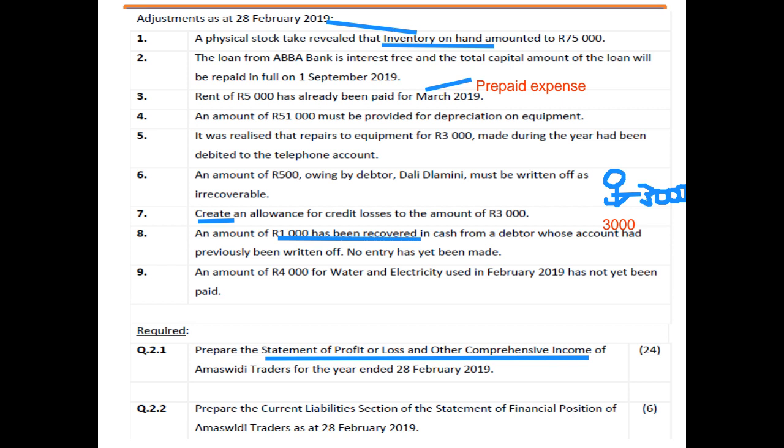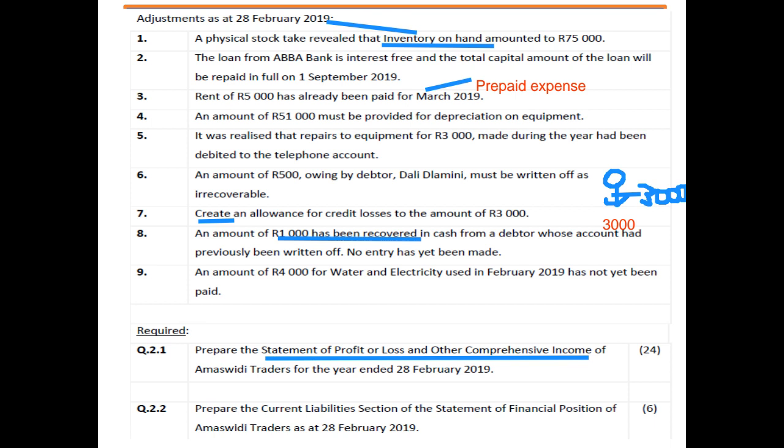Just read number 5 carefully. Oh yeah, okay. Can you see the importance of reading carefully? Otherwise, you're going to think you don't have anything. It was realized that repair to equipment for 3,000 made during the year had been debited to the telephone account.